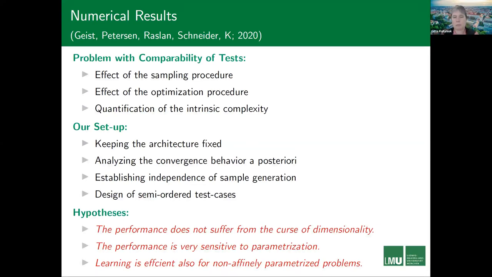Now, if you design experiments, what you should always do is start with some hypothesis, which you hope you can prove or disprove. The hypothesis here, which we set up, was: the performance does not suffer from the curse of dimensionality; the performance is very sensitive to parameterizations, the various ways to parameterize; and also learning is efficient for non-affinely parameterized problems, which are usually extremely difficult to handle with classical methods.